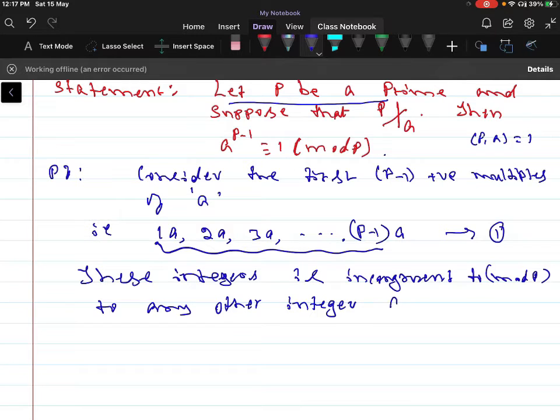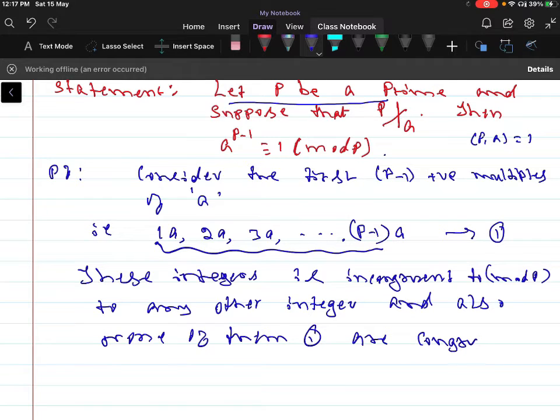And also none of them in equation 1 are congruent to 0.